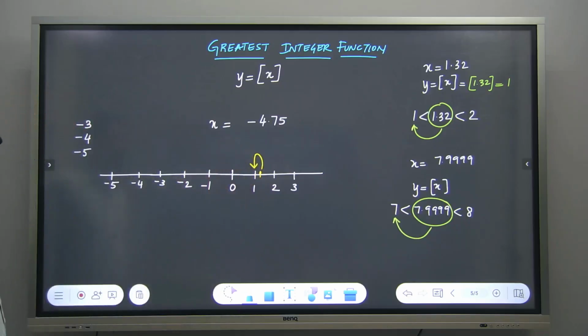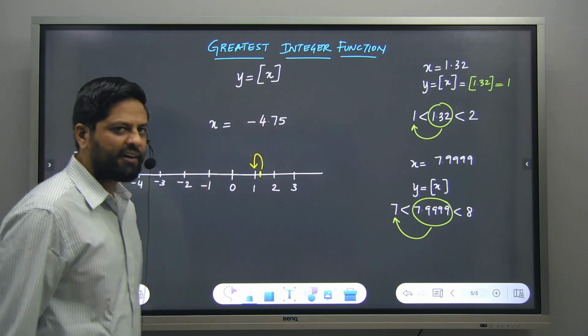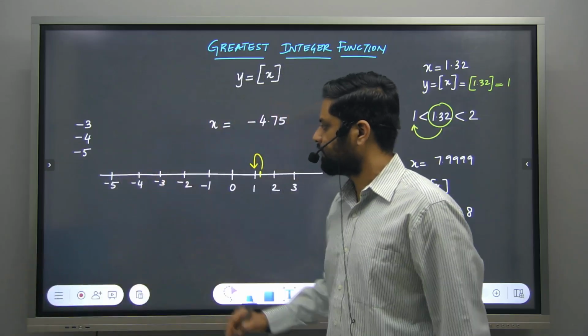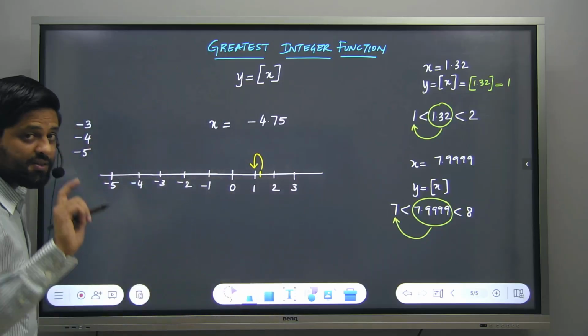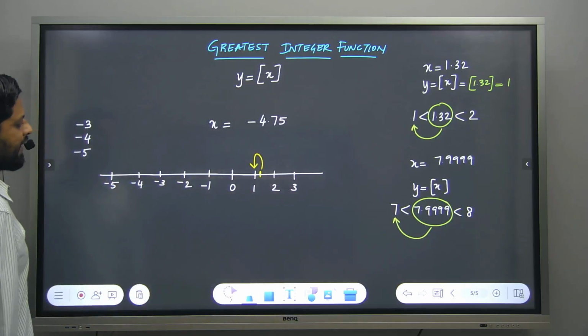All right. Same way, where is minus 4.75? Between which two numbers on the number line? It is between minus 4 and minus 5.